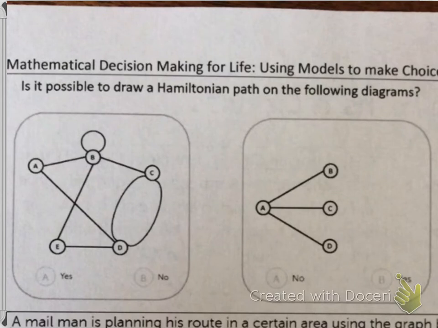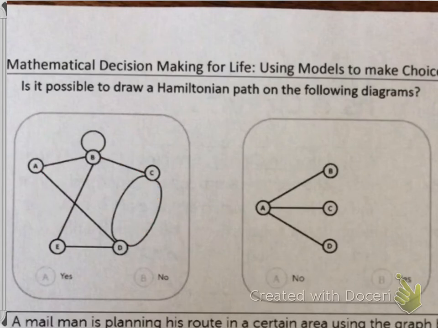All right, next example. Is it possible to draw a Hamiltonian path on the following diagrams? Well, again, we just have to try it and see. So a path can start anywhere we want it to, and it can only touch each vertex once. So that path that I did didn't work very well. That one's not going to work.